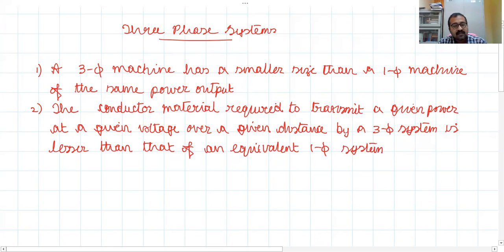So to transmit a given amount of power over a given distance at a given voltage, a three-phase system needs a lower amount of conductor material than a single phase system.